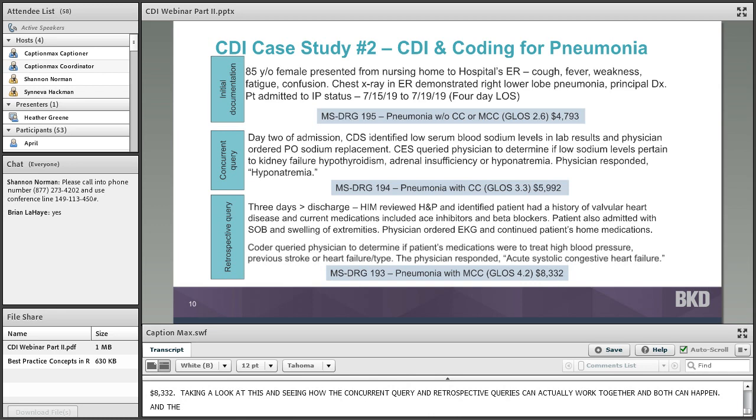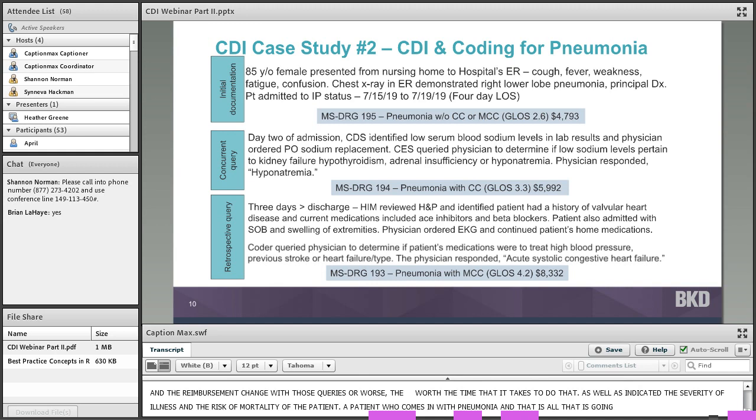Taking a look at this, we see how the concurrent query and retrospective queries can work together, and both can happen. The reimbursement change with those queries is worth the time that it takes, as well as what we have done in indicating the severity of illness and the risk of mortality of this patient.